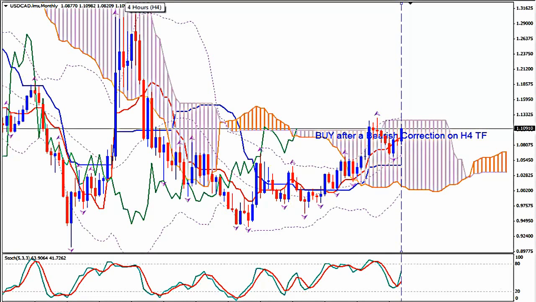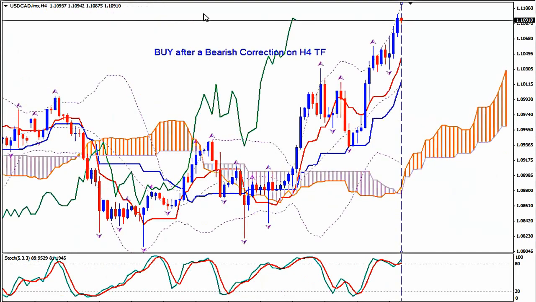Now my stop loss will be 150 pips, or it can be at the down fractal here below the median Bollinger Band.